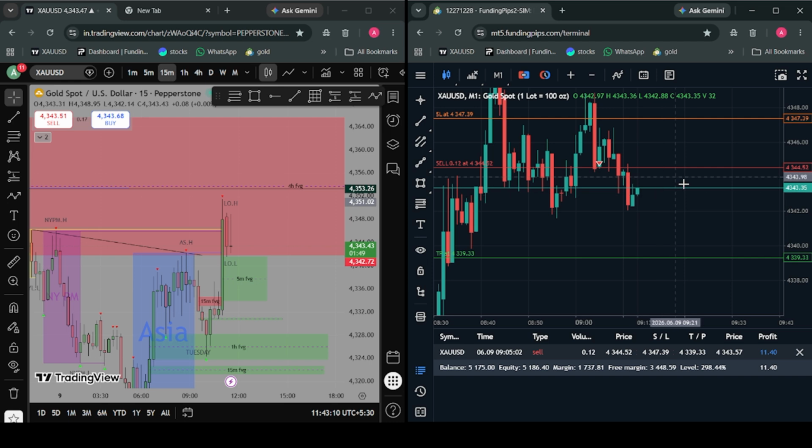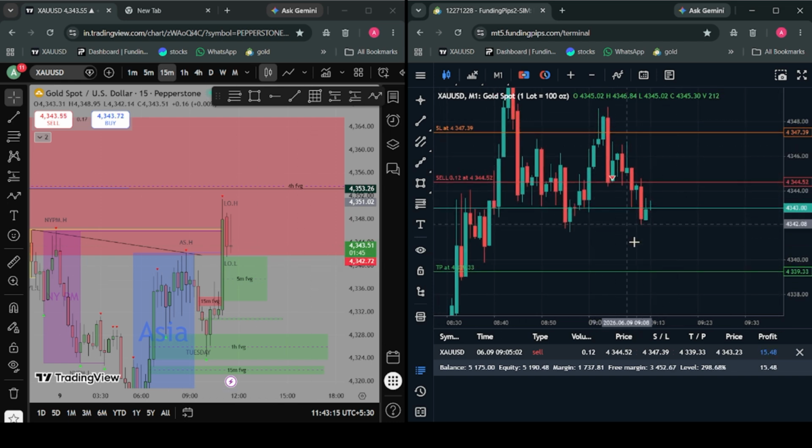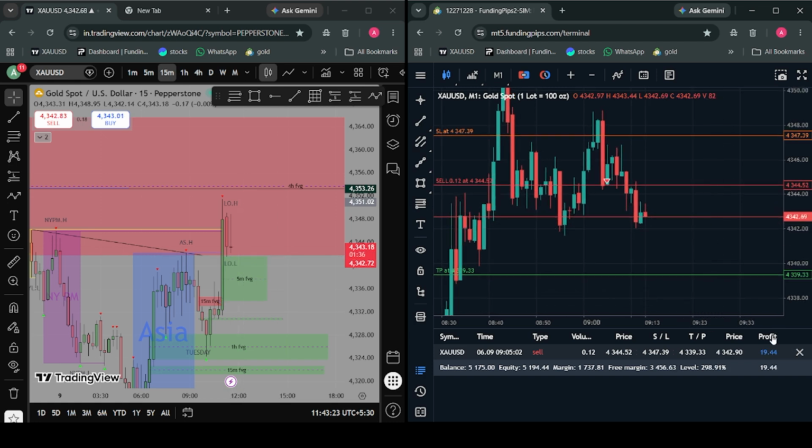Trade to break even? No, man. This is a clear move, it should fly. Since it has come down this much, I want this 15-minute fair value gap to be tested. And that is where I'll be getting my profits.